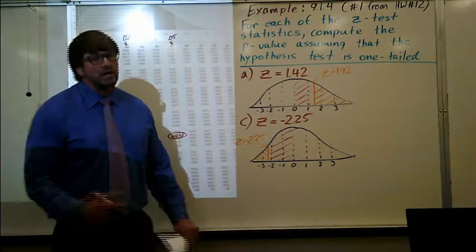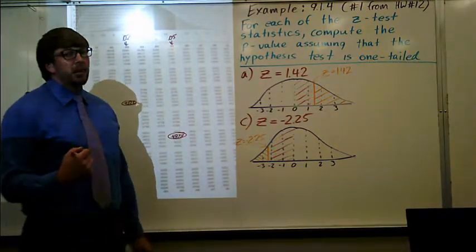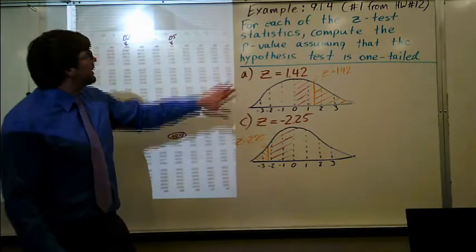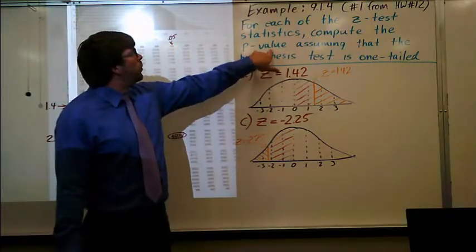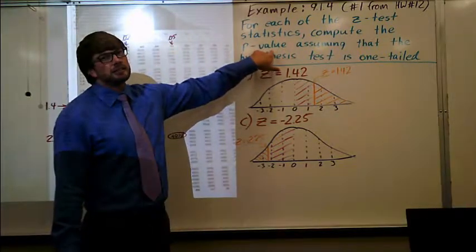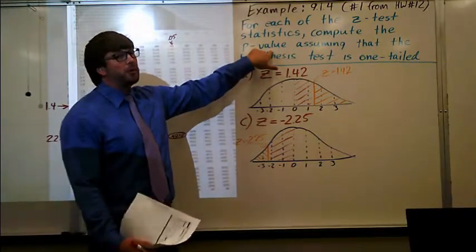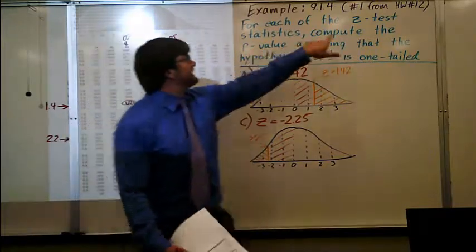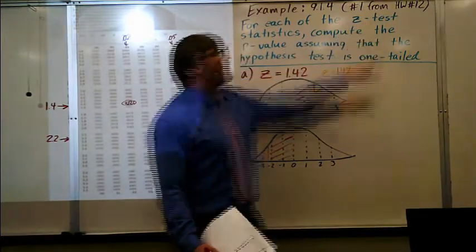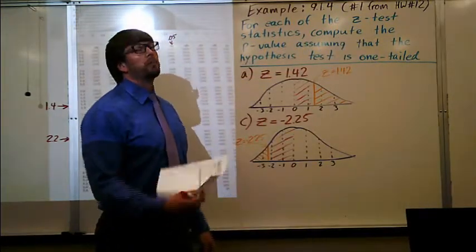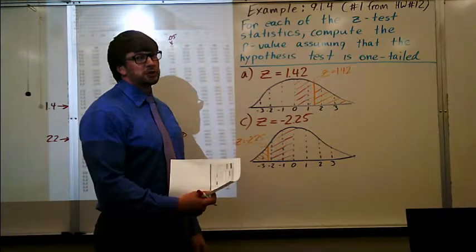Before we tackle this problem, let's remind you guys of what a p-value is. The p-value is just the probability of getting a z-test statistic as extreme or more extreme than the one of interest.